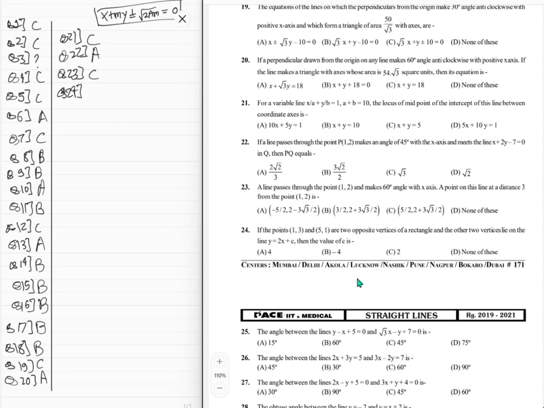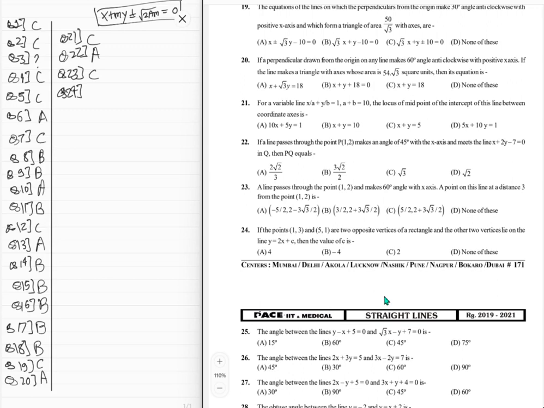Question 24. If these two points are opposite vertices of a rectangle, and the other two vertices lie on the line y equal to 2x plus c, then what is the value of c? Okay, I get it, a rectangle.